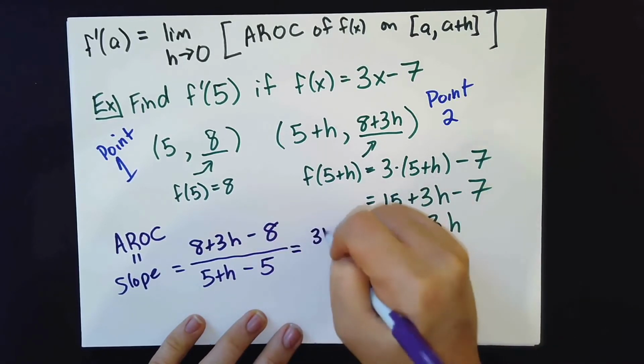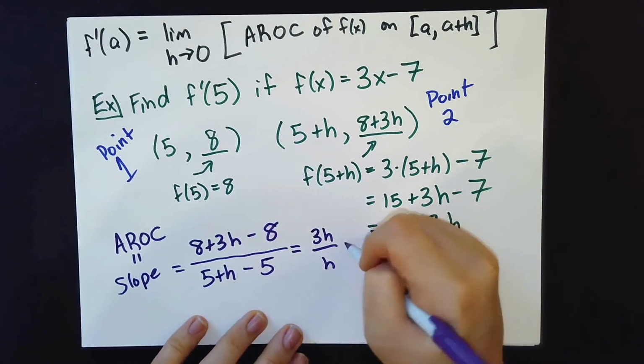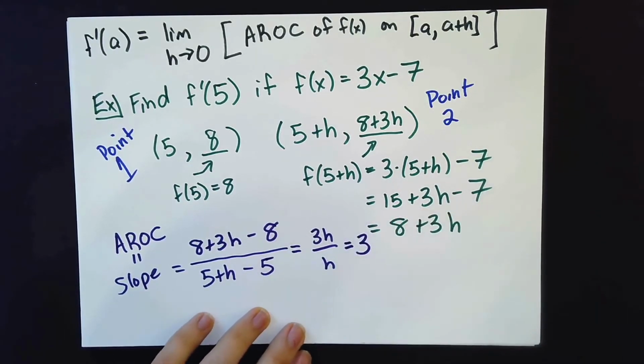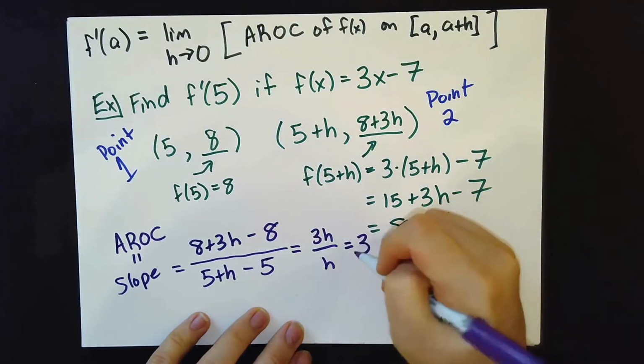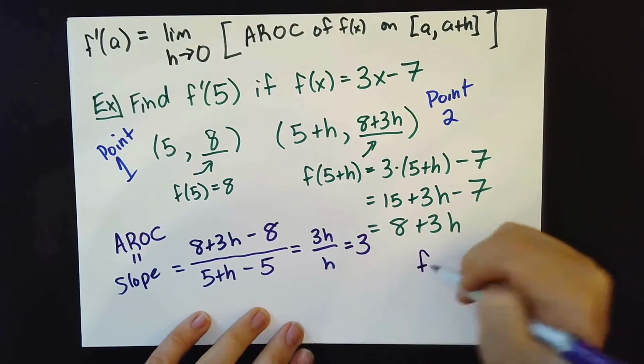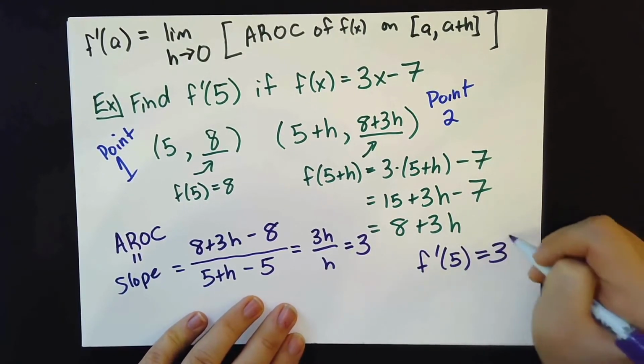That will be 3h divided by h. And that will really just be 3. And so in this case, f prime of 5 is 3.